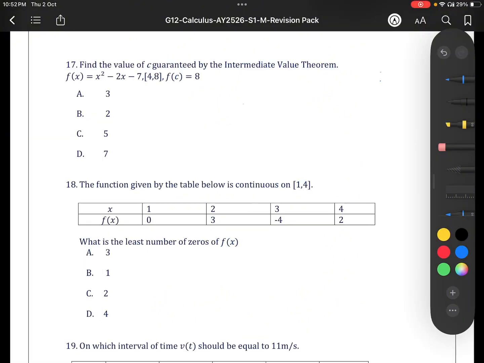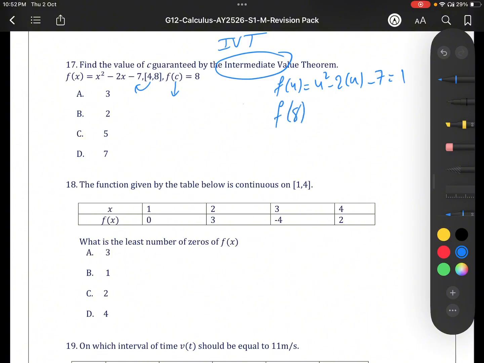For number 17, it's about the IVT. Before I find c, I need to check if the IVT can be applied or not. So first I'm going to replace 4. So f of 4 equals 4 squared minus 2 into 4 minus 7. 16 minus 8, 8 minus 7 is 1.